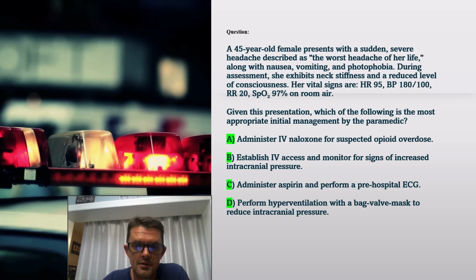Administer naloxone. Come on. Establish IV access and monitor for signs of ICP. That's not bad. Administer aspirin for a suspected bleed. No. Perform hyperventilation with a BVM.